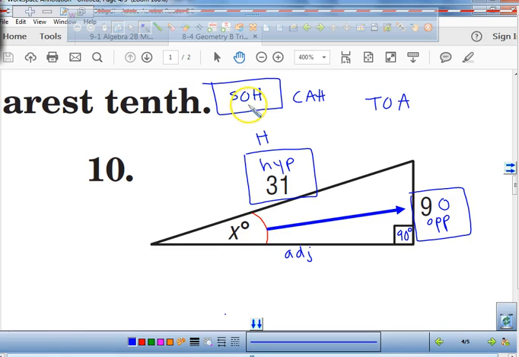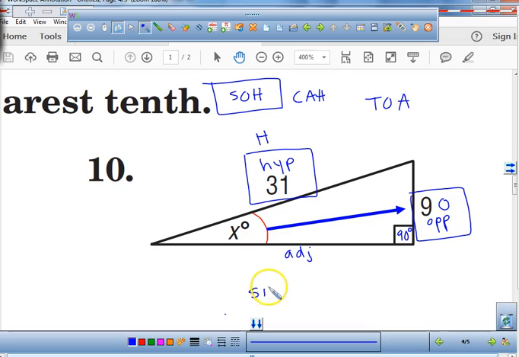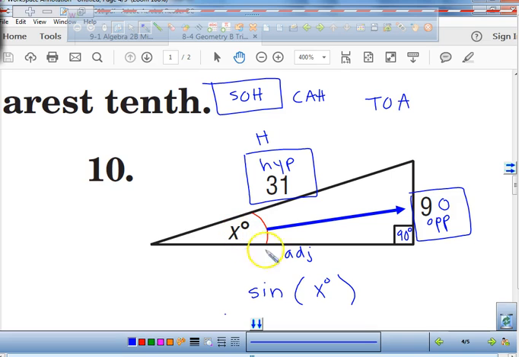Okay, so here we go. So now we know that we have sine. All right, so we're going to write. Ready? The sine of what am I going to put right there? X degrees. That's the measure of our angle that we're trying to find.